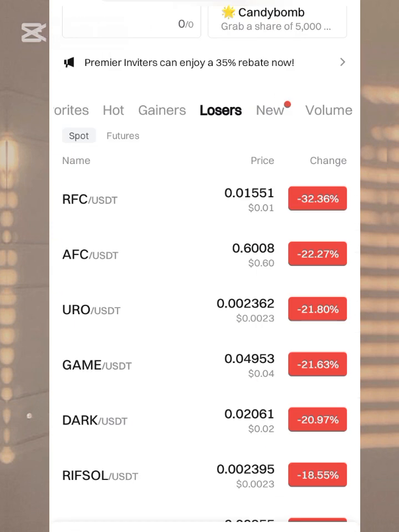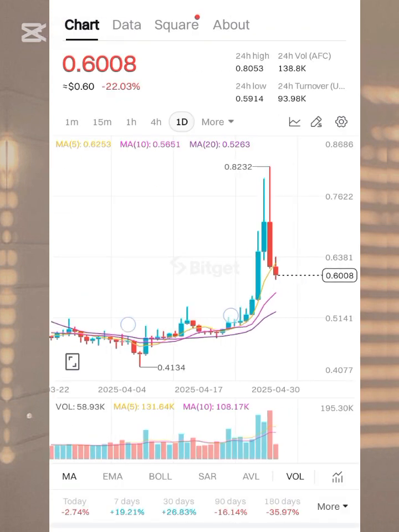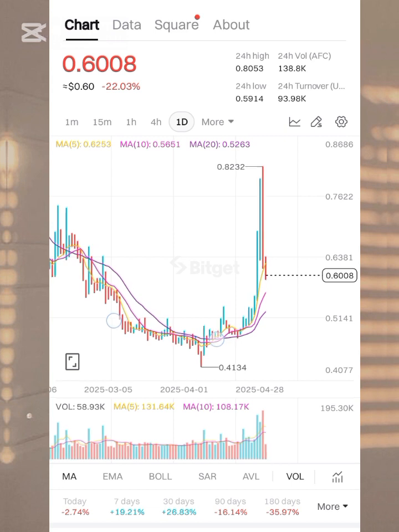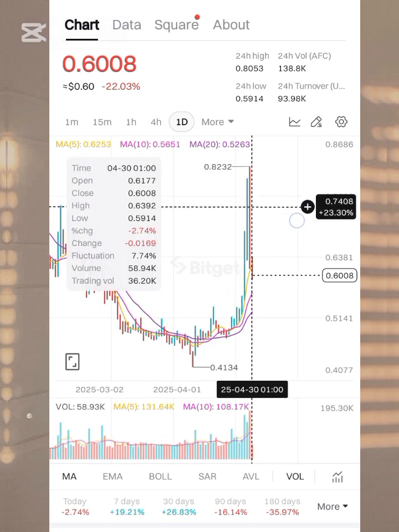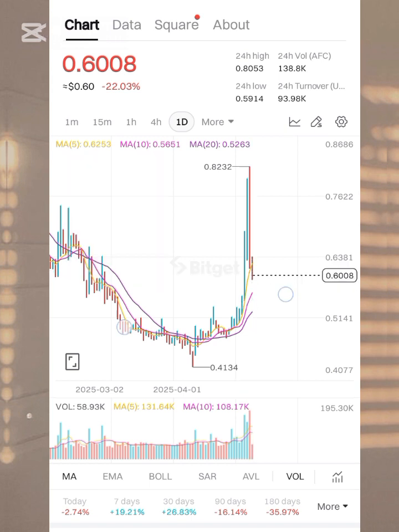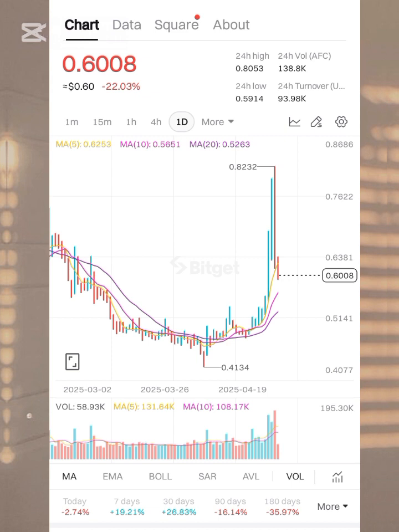So you can do this for basically all the coins here. AFC has lost 22%. You can see this coin went from 0.82 to 0.06. So I won't be buying here, because you can see why this coin is losing its value.